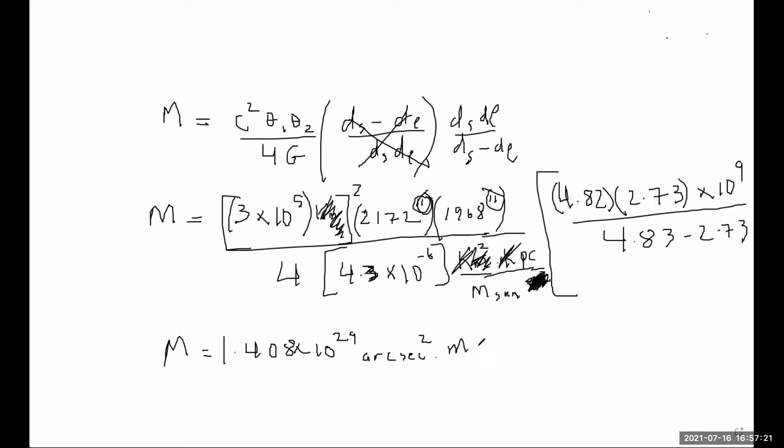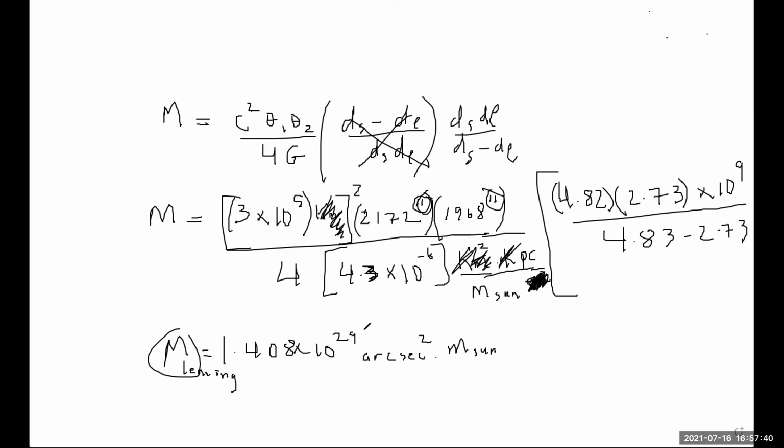So that means the mass of dark matter, the lensing object, in this case a whole big, huge lump of dark matter, is that heavy, 1.408 times 10 to the 29 mass of the sun.